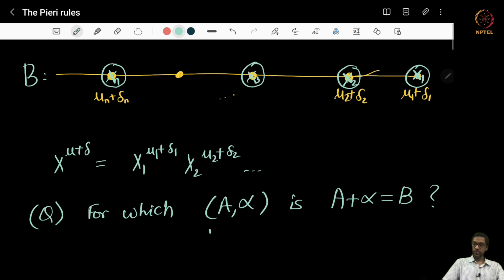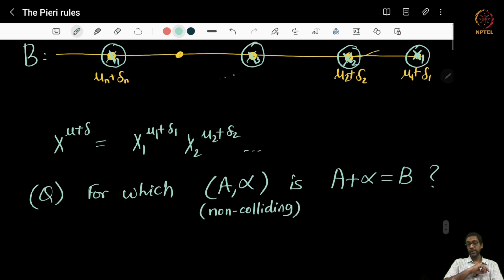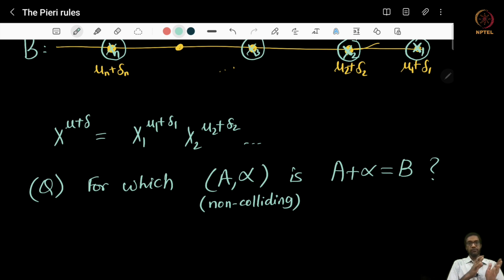We are only looking for non-colliding A, alphas, because we've already said the colliding guys we can throw out. So you're looking for non-colliding pairs such that after you translate, it gives me the final desired abacus B.